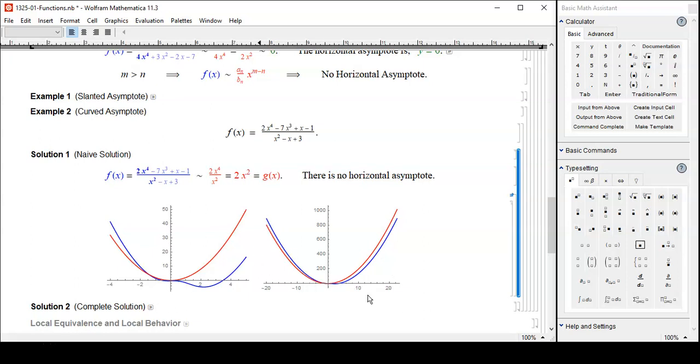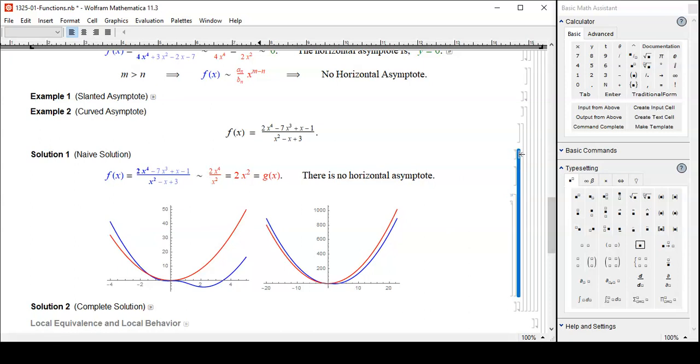But in large x values, they behave similarly. I don't say they are getting closer and closer together. As you can see, it looks like there is a difference. Still, they show the same end behavior and are asymptotically equivalent. Simple computation yields the end behavior, and that is sufficient.